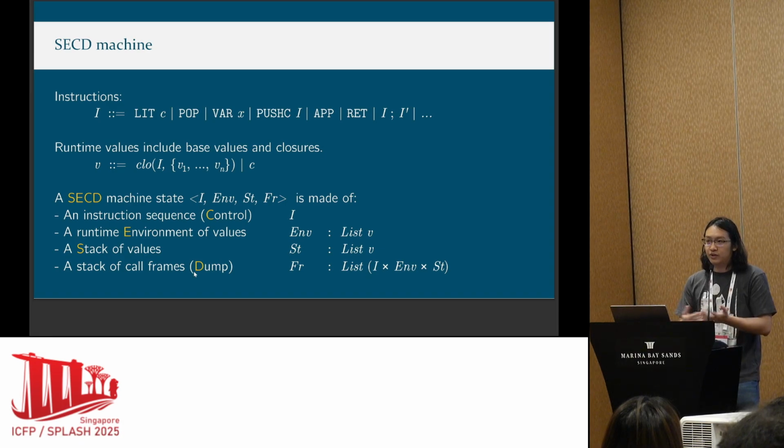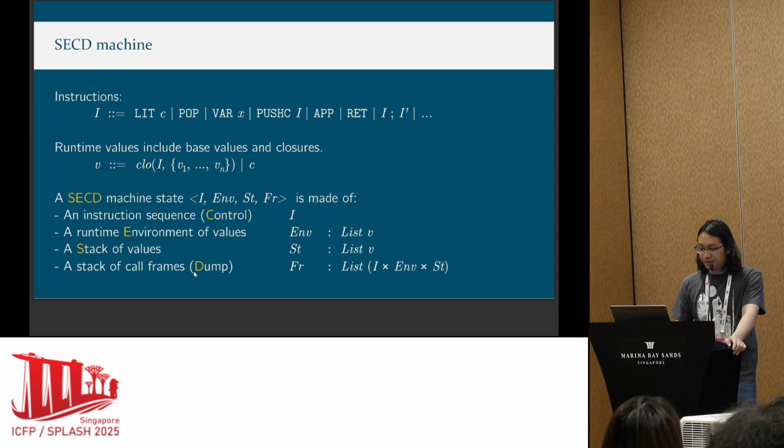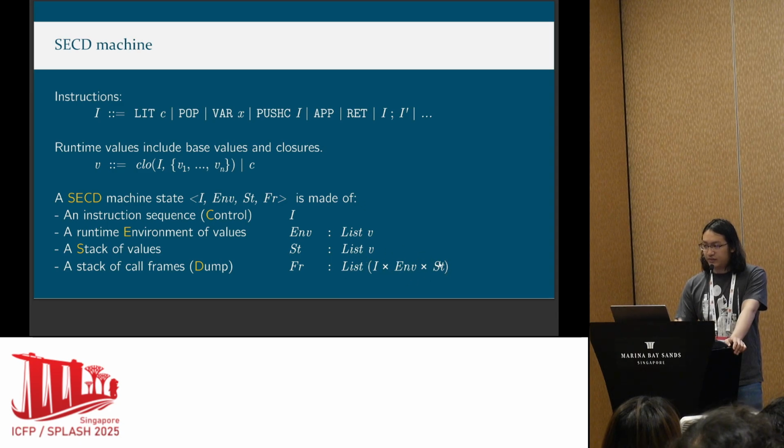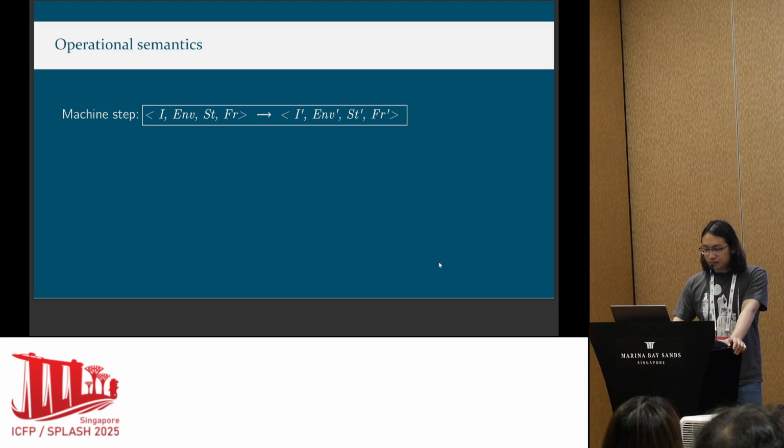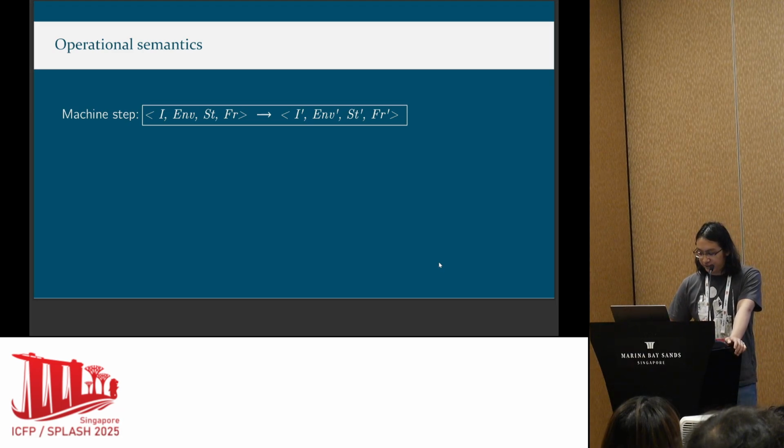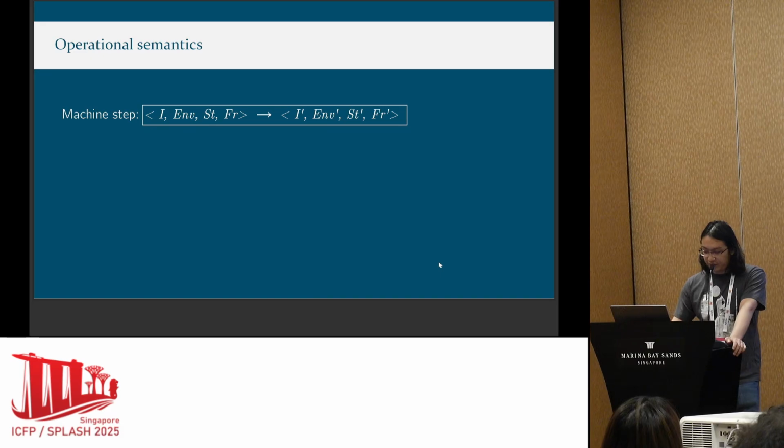I think the more modern concept is that it's a stack of function call frames, a list of triples that are the data saved when you do a function call.